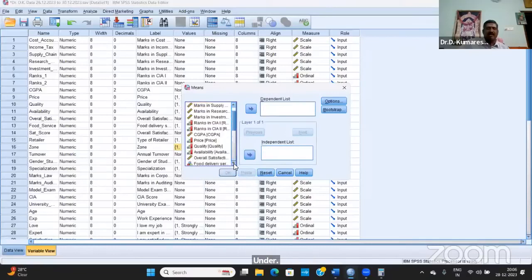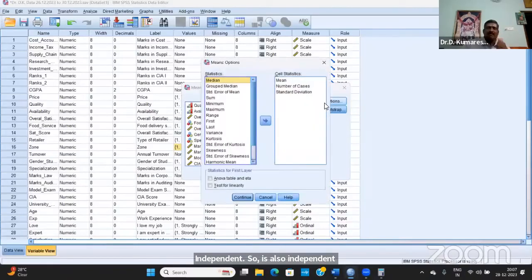Annual turnover is the dependent. Retailers independent. Zone is also independent.